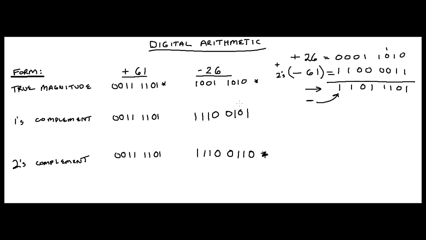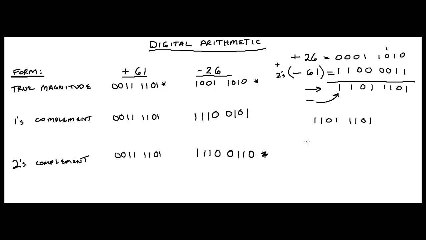So in order to get the true magnitude form, you're going to have to take the 2's complement of your value here. So let's do it, okay? If we take the 2's complement of this, I'm going to rewrite the number down here to make it easy, just to give us some space too, you know.